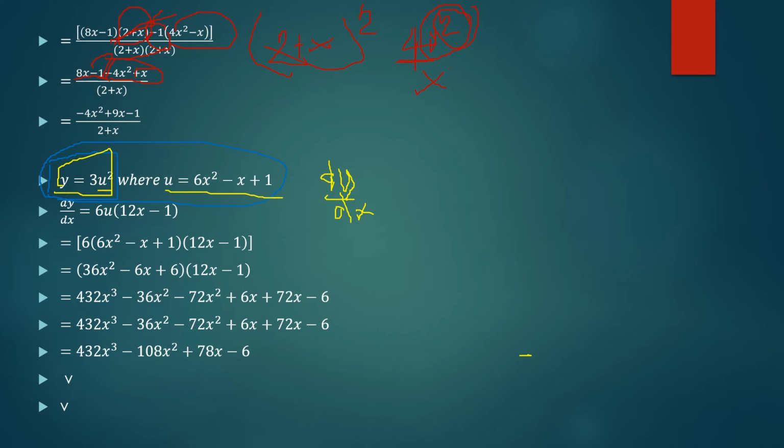Okay, so first let's derive according to the formula. Derive first this one. The 2 exponent there multiplied to the 3, so that is 6u. And why is it u? Because remember, u divided by u, and we have the 2 here as the exponent. So that hindi malito, 3u squared divided by u.